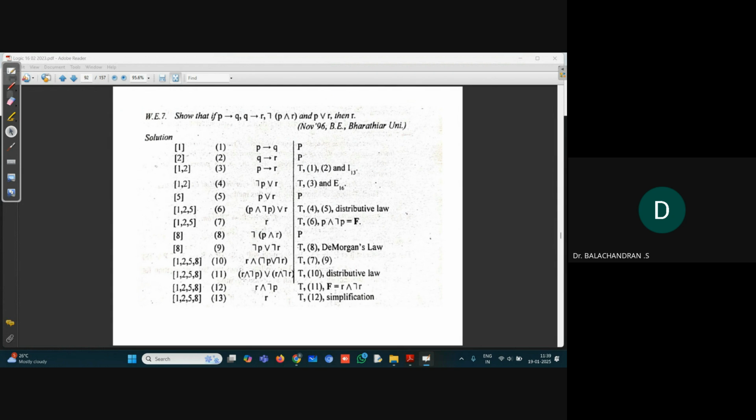False or (R and negation P). So now P and Q implies what? I need only R. So that's why I'll write P and Q implies P, so R. That is what I need, so I'll stop there.